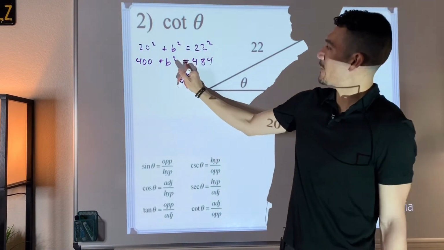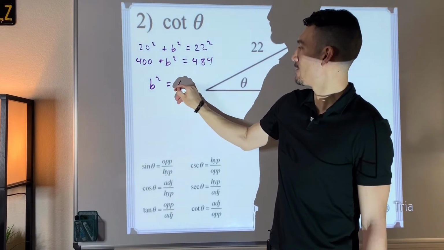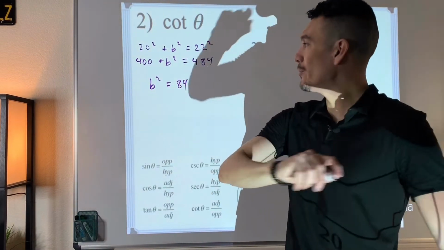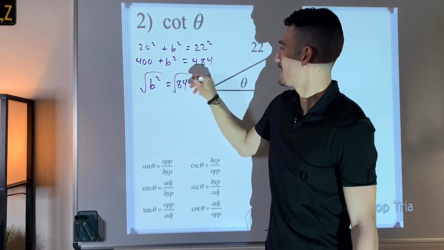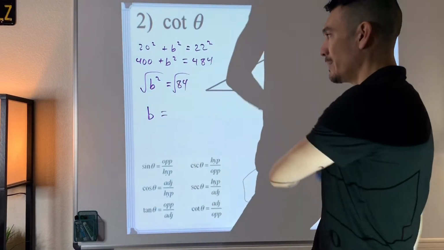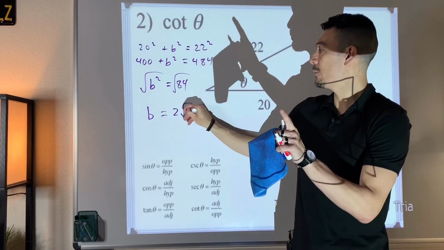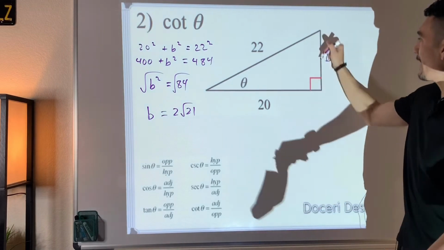Subtract 400 from both sides. Square root both sides. And then type that into your Casio calculator because it simplifies it for you. It will say 2 square root 21. So that goes in for here.